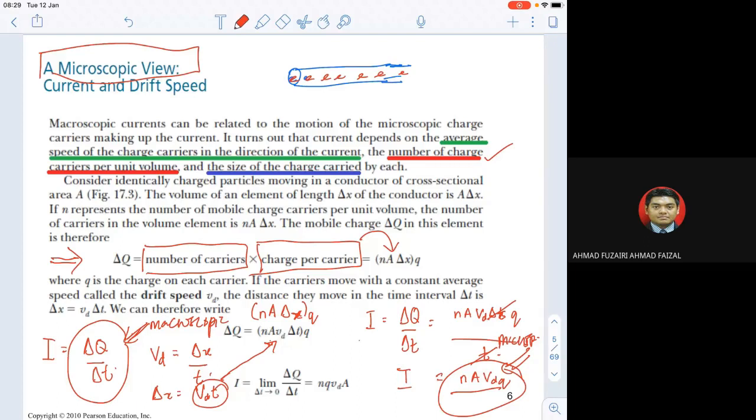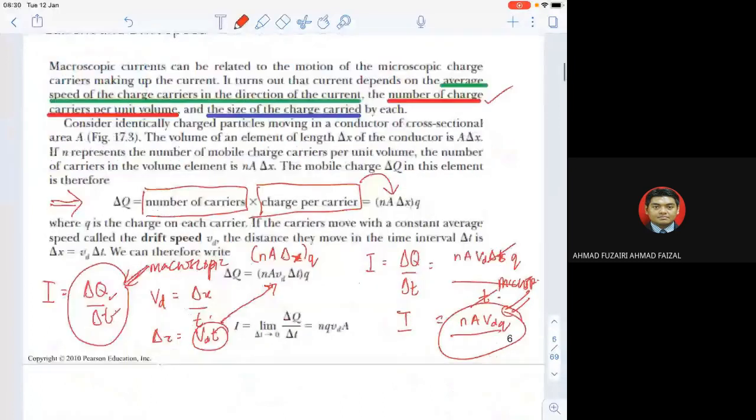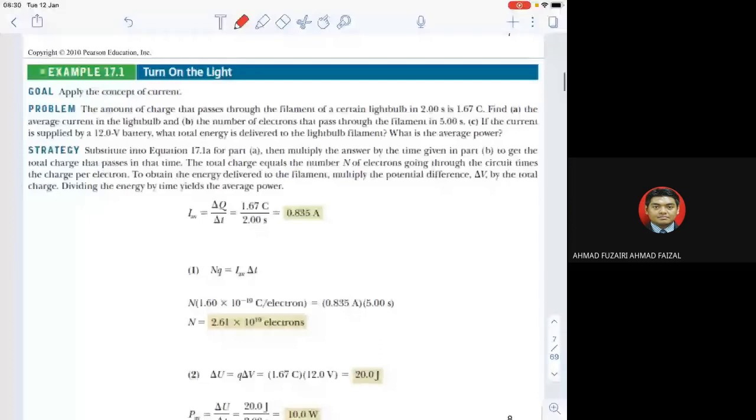I can be represented by macroscopic, which is delta Q over t, and we can have a microscopic one. You can look afterwards at what kind of problems we face if they want you to know about microscopic. Let's go to the parts where we want to find the microscopic.